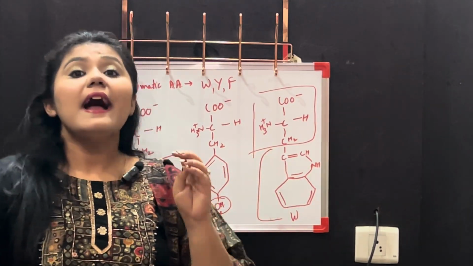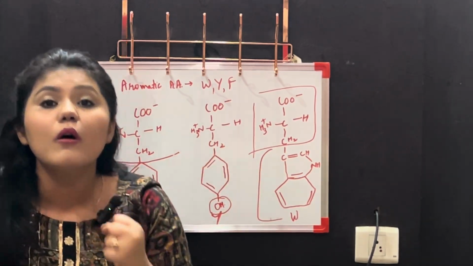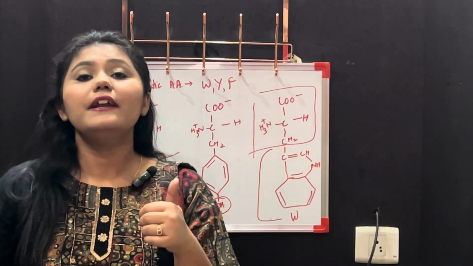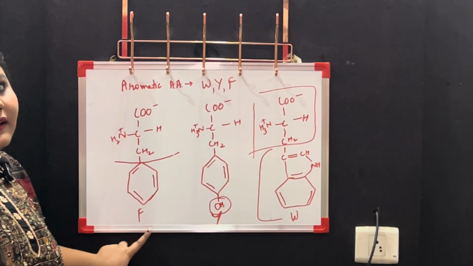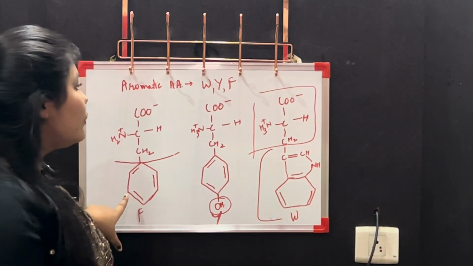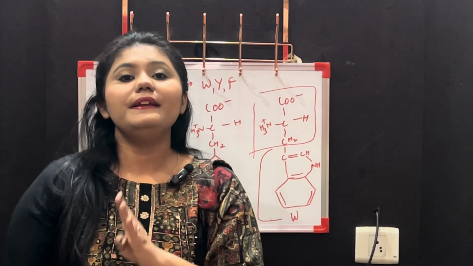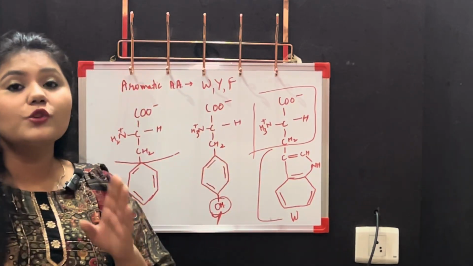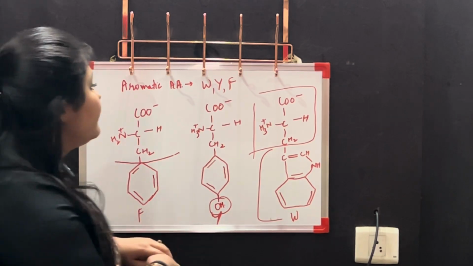Very important. Tryptophan is the amino acid that absorbs the most UV light at 280 nanometers, then tyrosine, then phenylalanine. It is very important to know that aromatic amino acids absorb UV light at 280 nanometers, and the maximum absorbance is shown by W, then Y, then F. Let me write it for you.